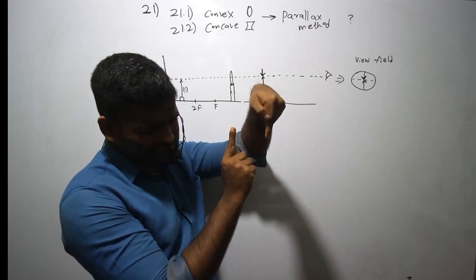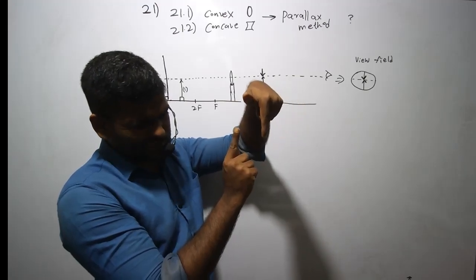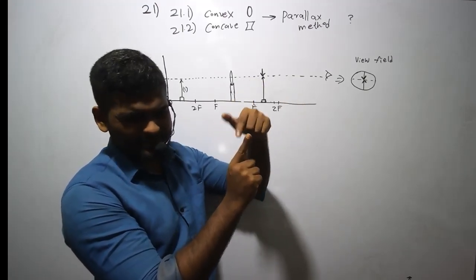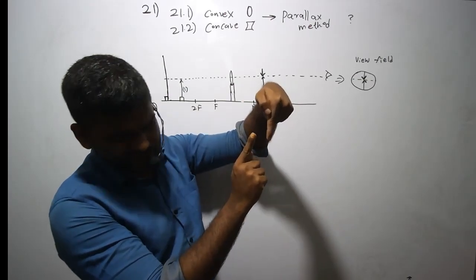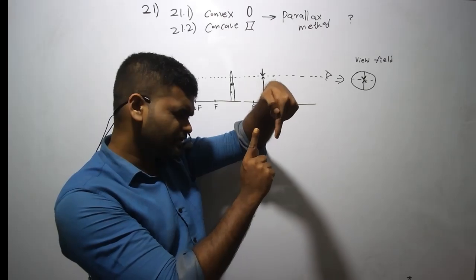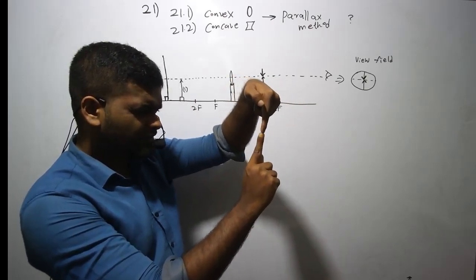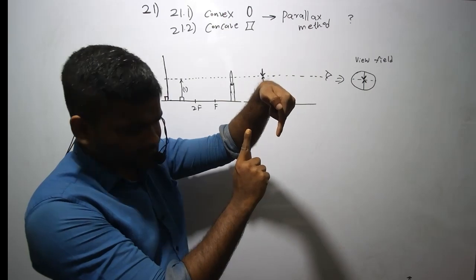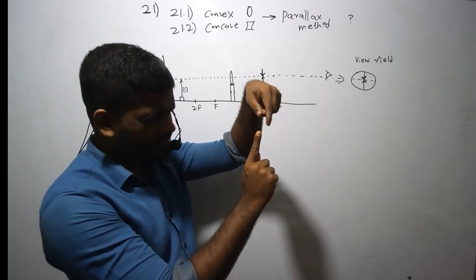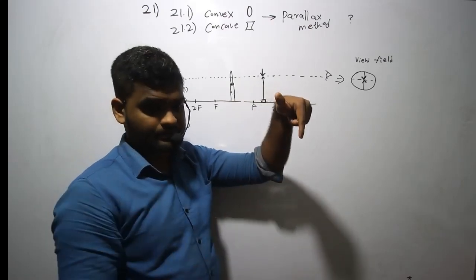What you can see is, in this case, if the image is behind, the image is moving in the same direction as the eye relative to the observing pin. Observing pin is here. So if the image is behind, the image is moving in the same direction.